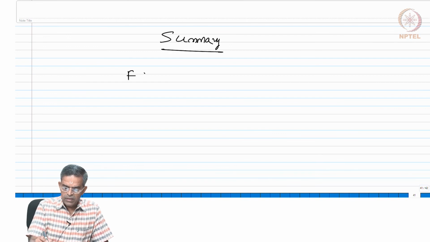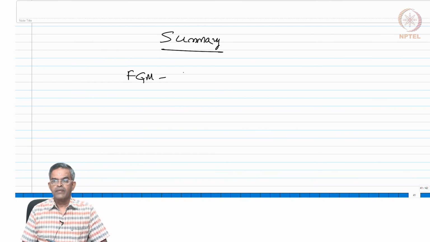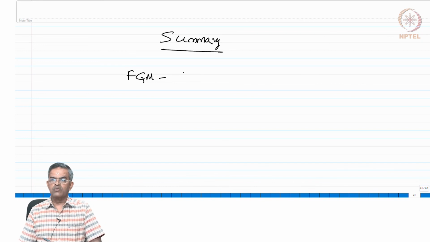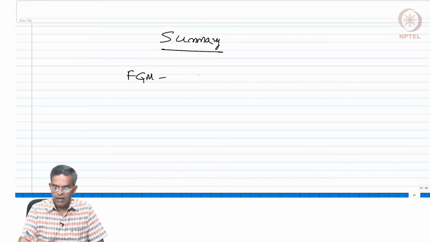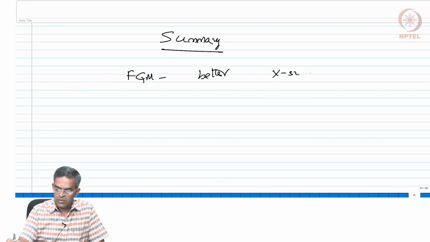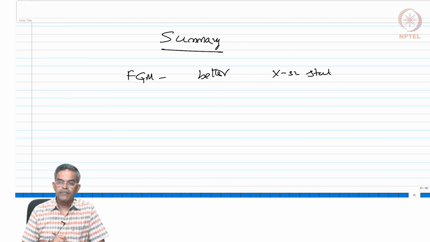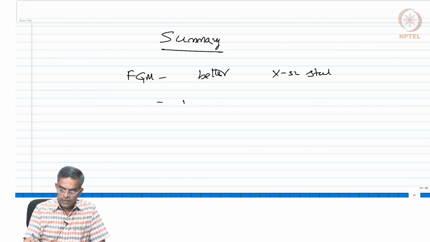we have learned that FGM experimented using these two constituents of duplex stainless steel and carbon manganese steel proved to be better than X52 steel. The manufacturing process is using wire arc additive manufacturing.